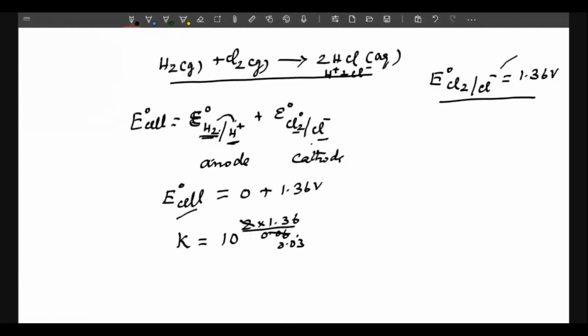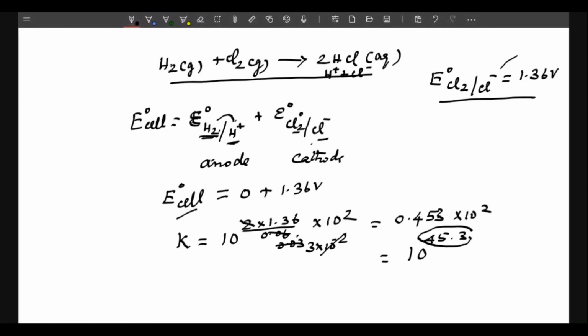Then divide 1.36 by this, convert 3 into 10 power minus 2, go up to 10 power 2, 3 divided by this, you will get 0.45.3 into 10 power 2, equal to 10 power 45.3. The value should be definitely greater than 45.3.